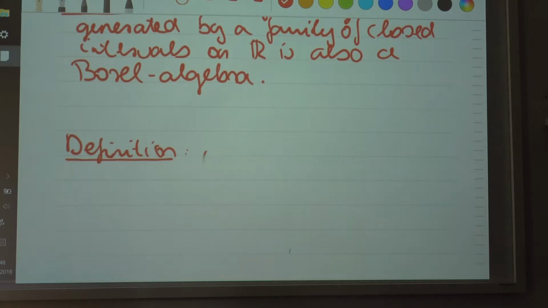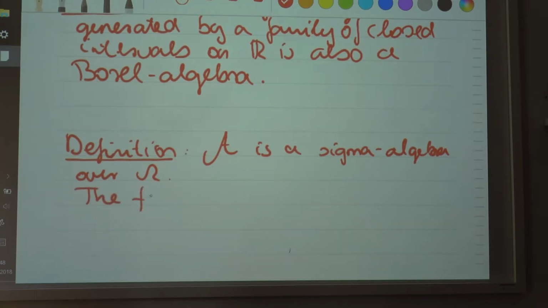So we have, let's say, A, capital A, a sigma-algebra over omega, and the function I call u. You all know what a function is.